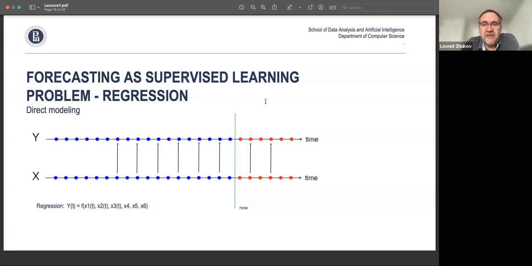We might have multiple variables, multiple factors, and they might depend on time. With machine learning, we can do direct modeling, which means we predict the value of y at time t as a function of x1, x2, x3, etc. at time t, and maybe some factors that do not depend on time.